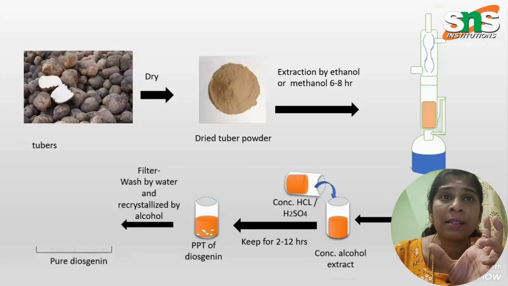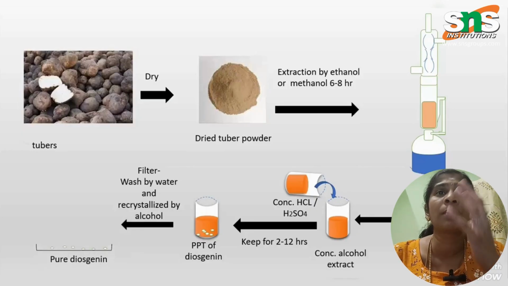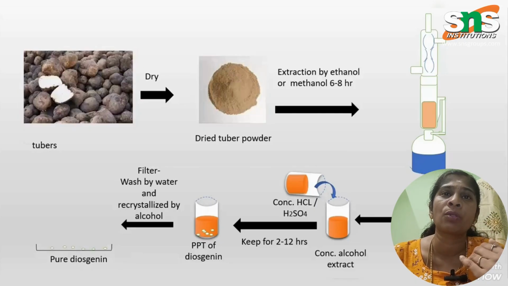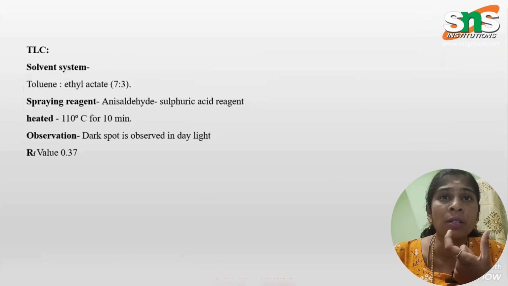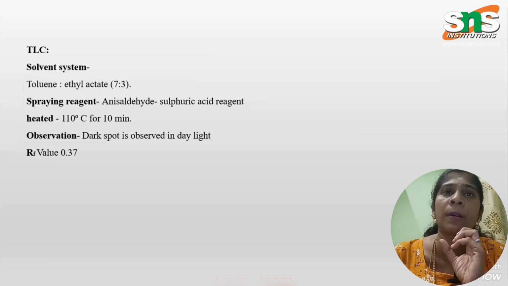This is the last step: the organic solvent extract is filtered and concentrated by evaporation, and on cooling, crude diosgenin crystallizes out. Purification of diosgenin is done after this extraction process: crude diosgenin is purified by recrystallization using ethanol or a suitable solvent, and the pure diosgenin appears as a white to pale yellow crystalline powder.